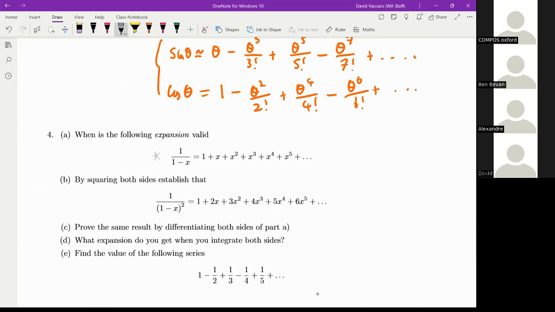What name would people give, put it into the chat, to this expansion here? 1 over 1 minus x is equal to 1 plus x plus x squared plus x cubed plus x^4 plus x^5 plus dot, dot, dot. You can think of this as a Taylor expansion, but where else have you met this series?